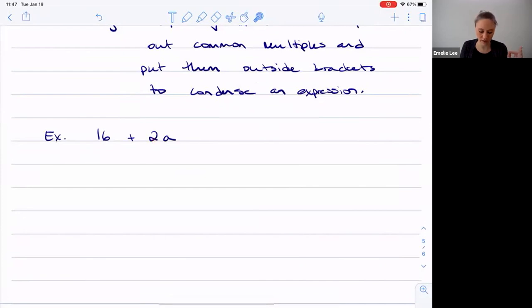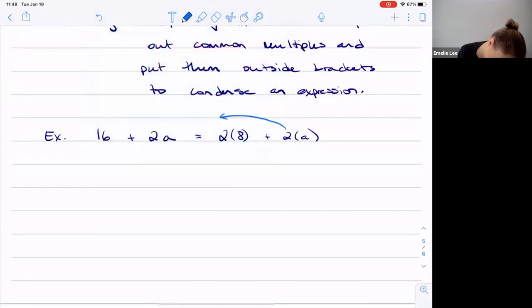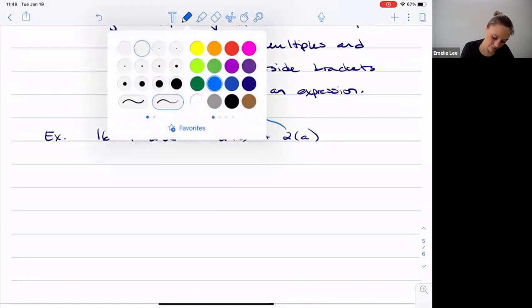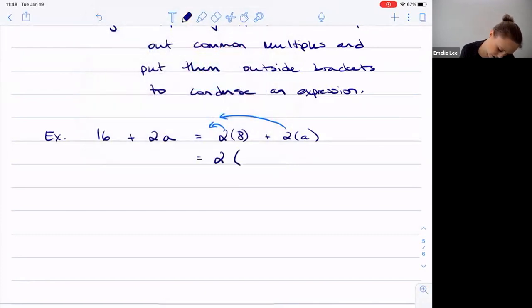I want to rewrite 16 as a multiple of 2, which I can do: 2 times 8 plus 2 times a, just to emphasize that I've got this 2 on the outside. Now I'm going to pull those out. So this becomes 2 times, and when I'm pulling that 2 outside, I have to have the 8 plus a inside the brackets here.